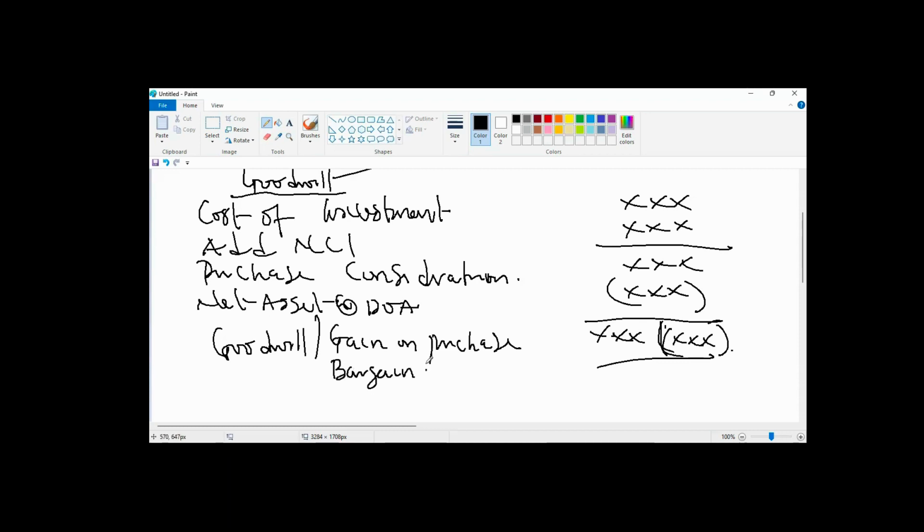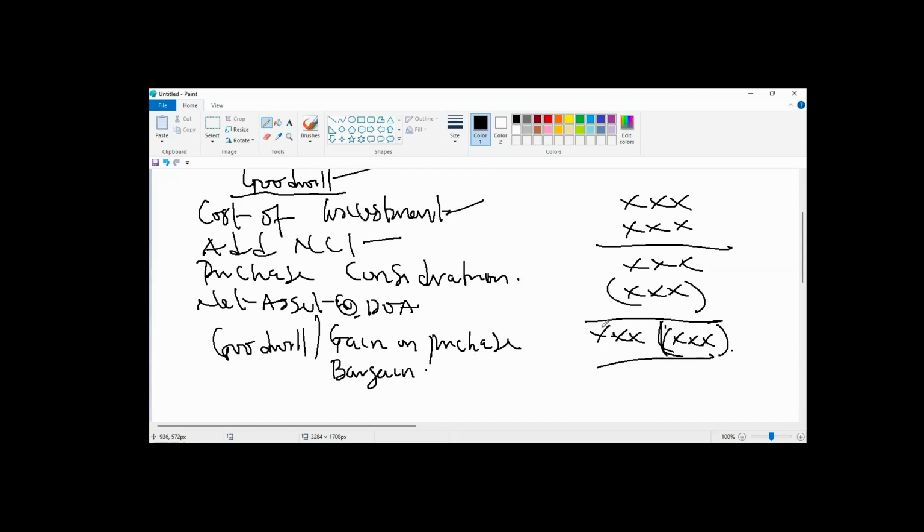Good, this is the formula. It means all the costs of investment, like cash and shares, plus NCI. What is NCI? The non-controlling interest, the share that is not acquired by the parent, which I will come back to.